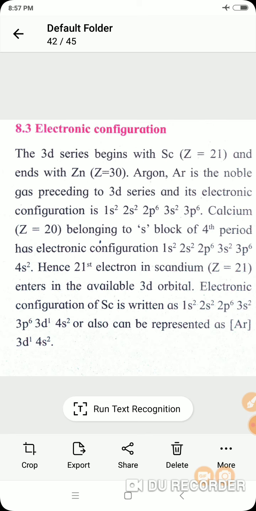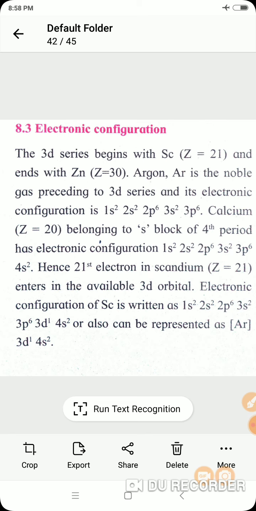Argon is the noble gas preceding the 3D series, and its electronic configuration is given here. Ar is the symbol for argon, an element having atomic number 18, and its electronic configuration is 1s2, 2s2, 2p6, 3s2, 3p6.